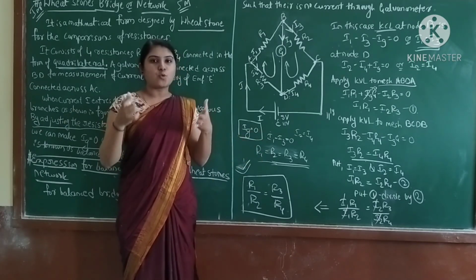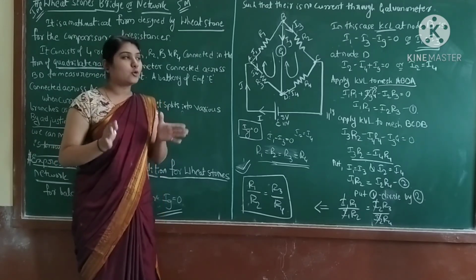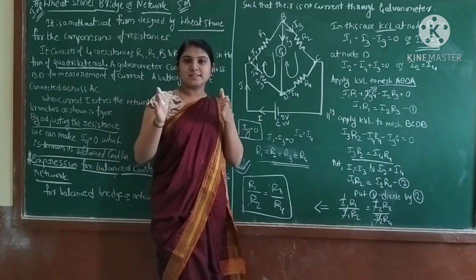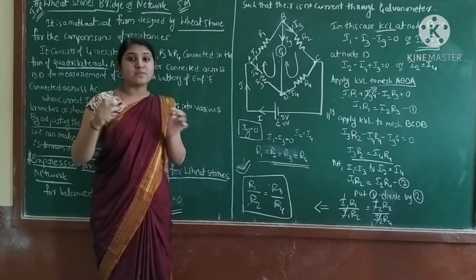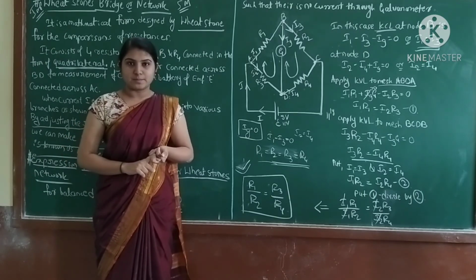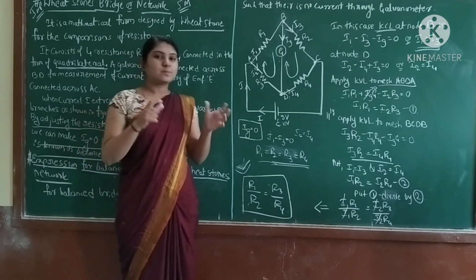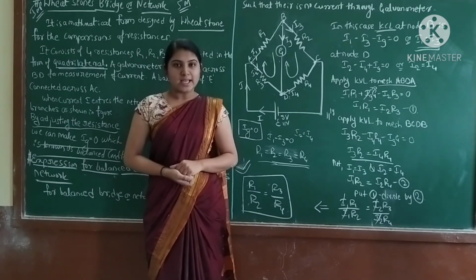So these are some points I wanted to discuss with you today. Today we discussed the Wheatstone's bridge network. The derivation is very important for your exam and also for practical purposes. Just practice it, and in the next class we will take the next part. Thank you everyone.